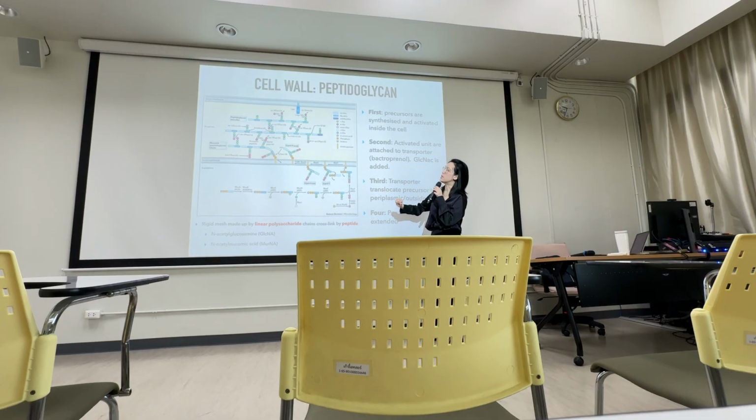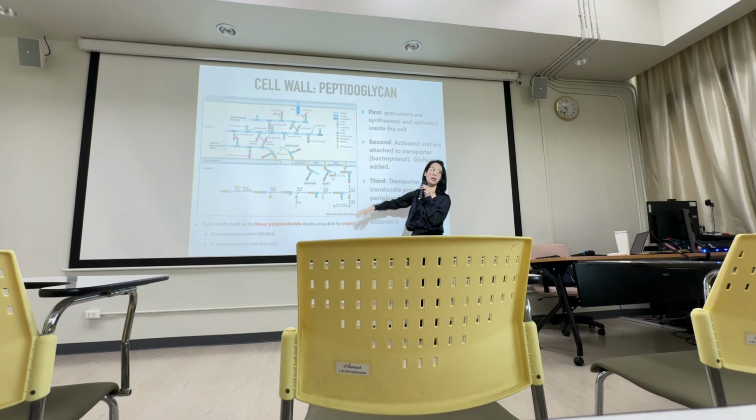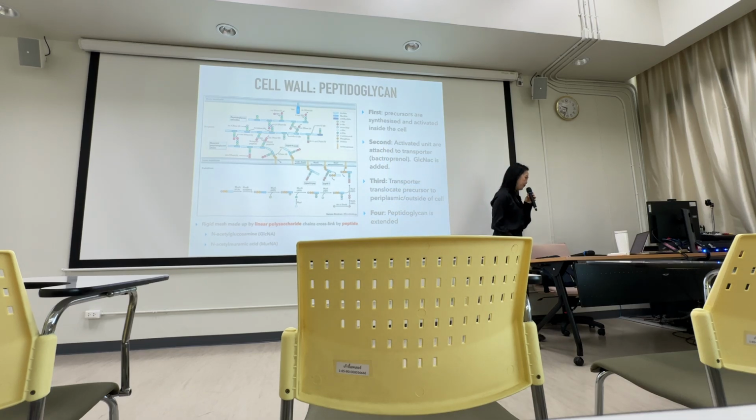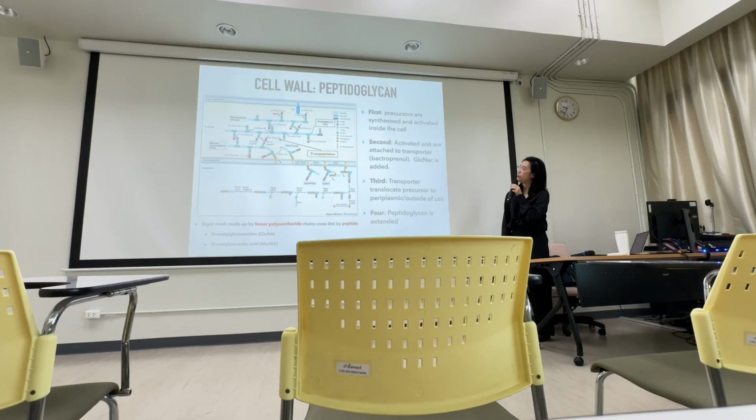This picture shows how gram-negative bacteria construct the peptidoglycan layer, because you can see that they have an inner membrane and an outer membrane. In gram-positive bacteria, they lack the outer membrane.